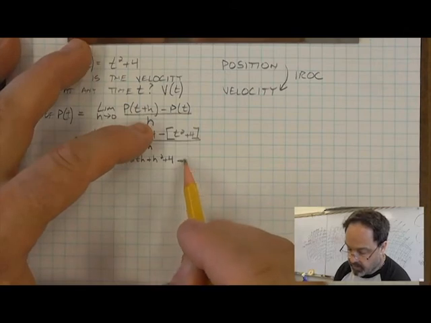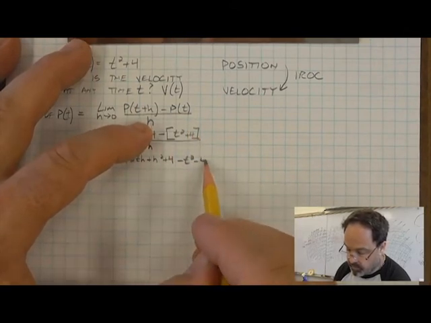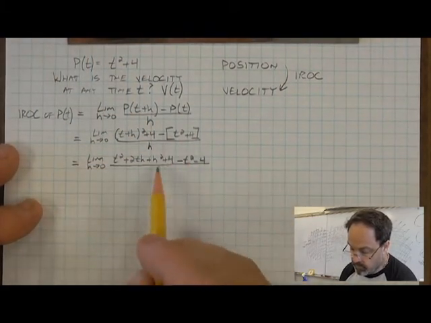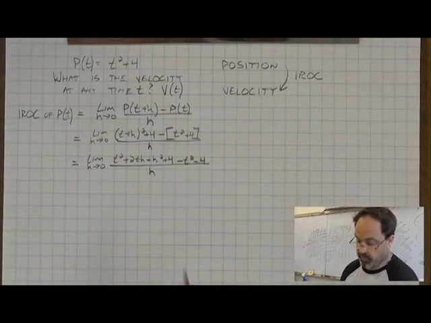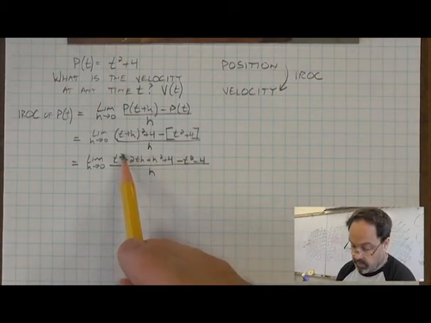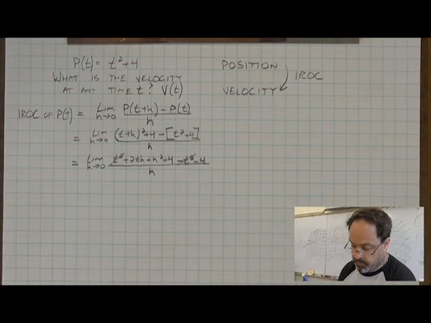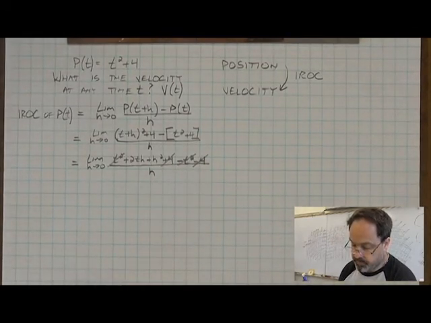And I'm subtracting the t squared, and now distributing the negative means I'm going to subtract this 4 as well. Still all over h. I've got some terms that I can combine, and they'll cancel out. t squared and this minus t squared cancel out. This plus 4 and this minus 4 cancel out.